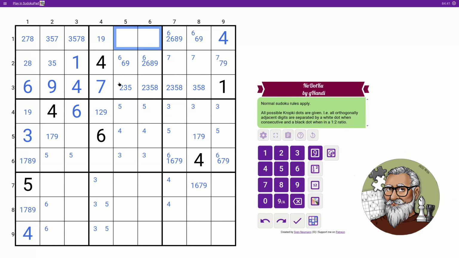But not 4, but yeah, 3 and 5. Yeah, and everything else, right? Which is 8 and 9, but that's not worth pencil marking.